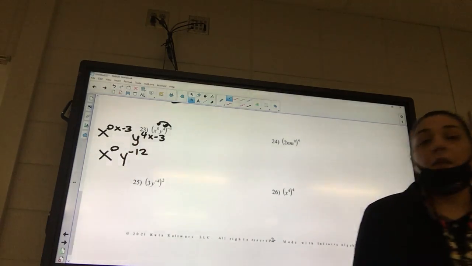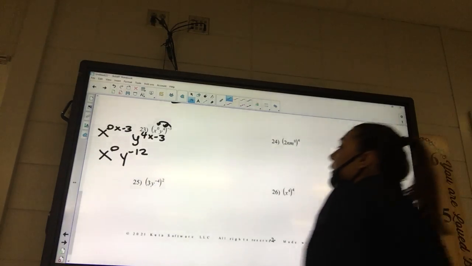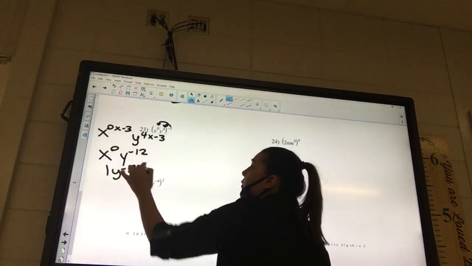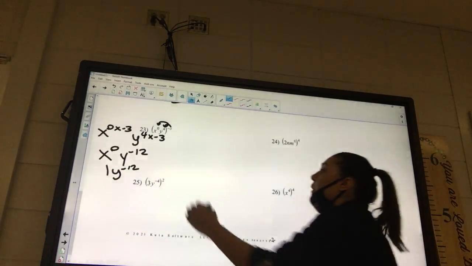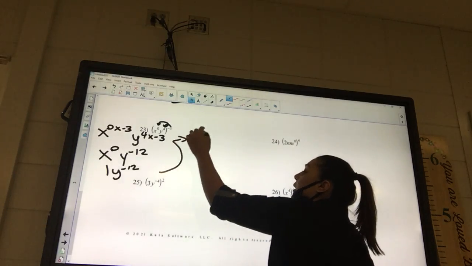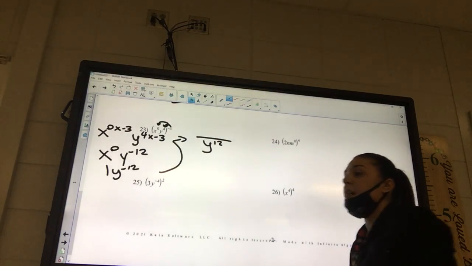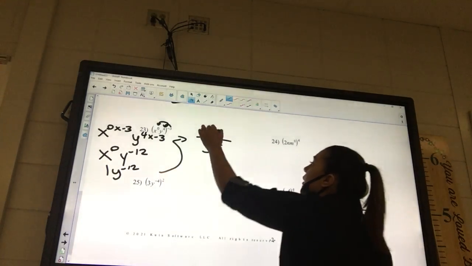What is x to the 0? 1. So it's really going to be 1 y to the negative 12. Where do negatives go? The bottom. So I really am going to have y to the 12 on the bottom. Where's that 1 go? Top. Big ones always stay on top.